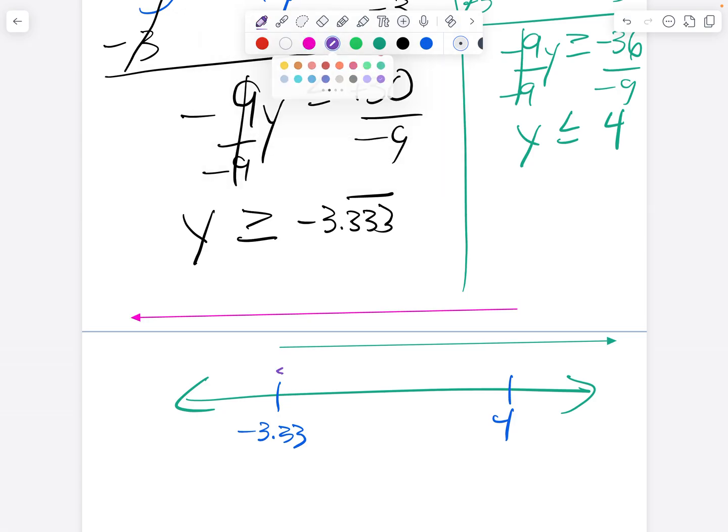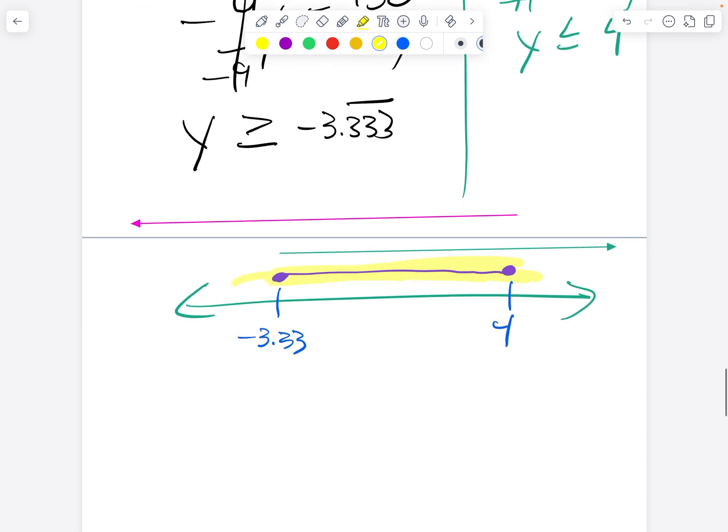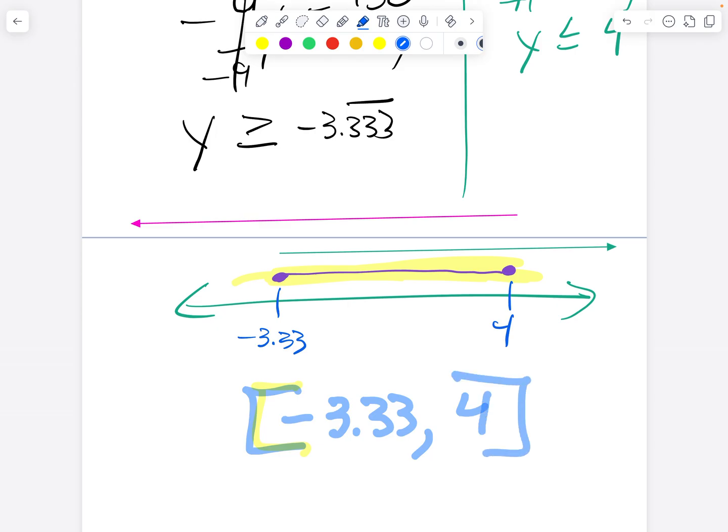So it's going to be from here to here. That's your answer. You want what's in between. Ignore these arrows. This right here represents your solution. That's an overlapping one. That's what I wanted to show you. So then the answer would be bracket negative 3.33 comma 4 bracket.